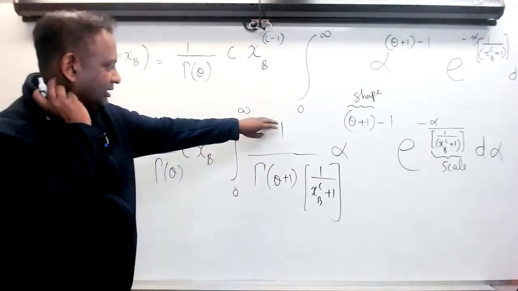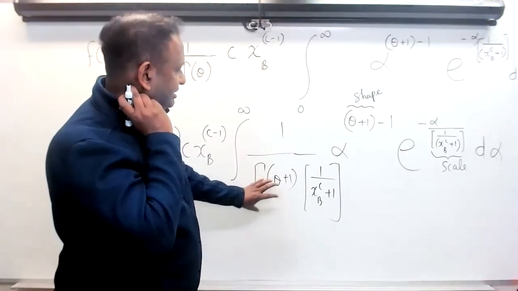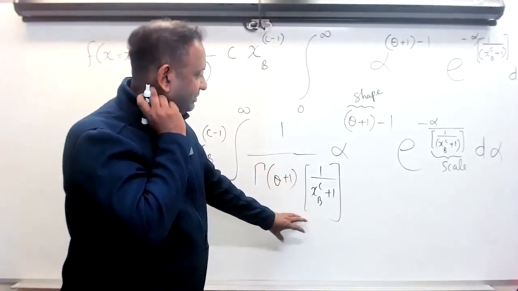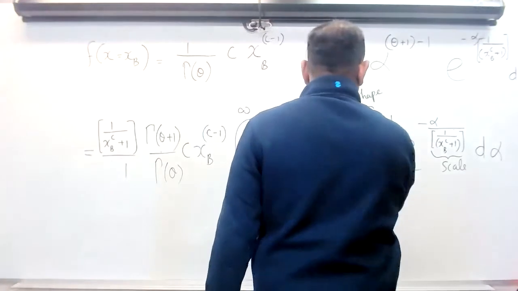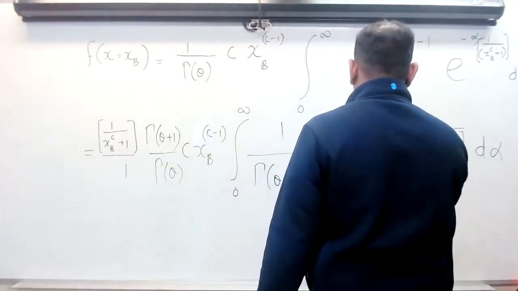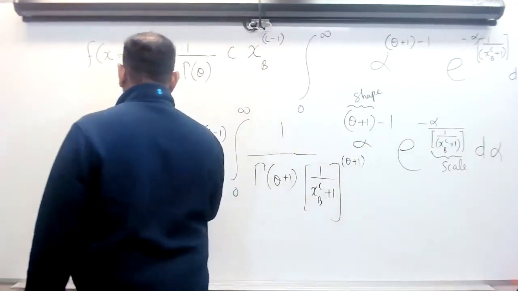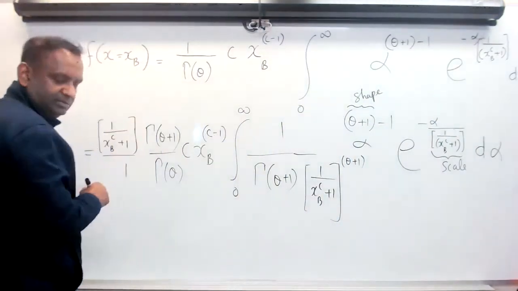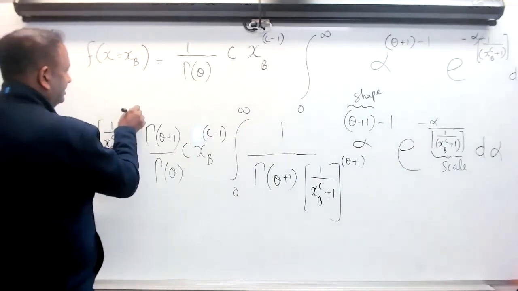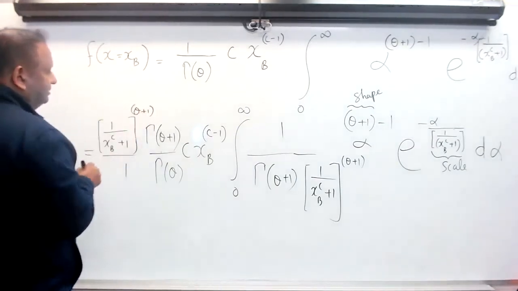It says 1 over gamma of the shape parameter, scale parameter to the power of what? Power of the shape parameter, theta plus 1. Okay. This should have a theta plus 1 as well. Okay. Theta plus 1. See?